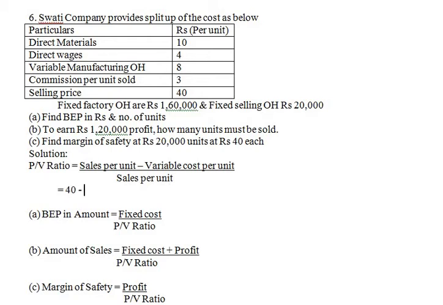minus variable cost. Variable manufacturing overheads is given. Now variable cost, what we are going to take is, 10 is direct material, direct wages is 4, variable manufacturing overheads is 8, and commission per unit sold is 3.